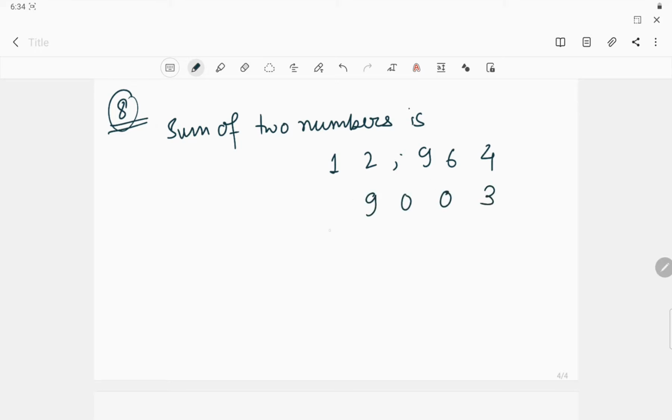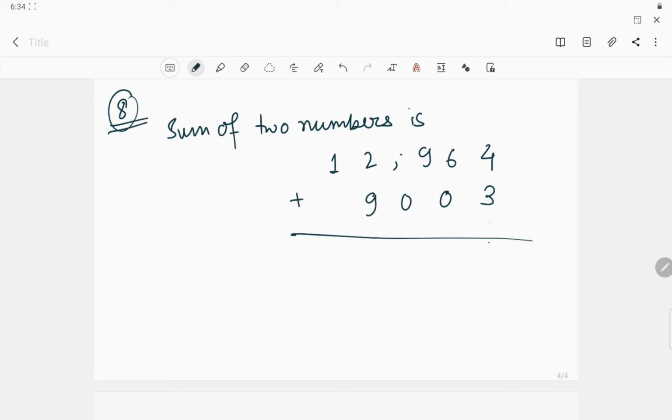The sum of three numbers is 29,468. If two of them are 12,964 and 9,003, find out the third number. So the sum of two numbers is 12,964 and 9,003.